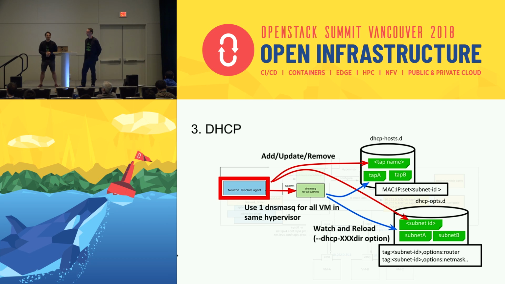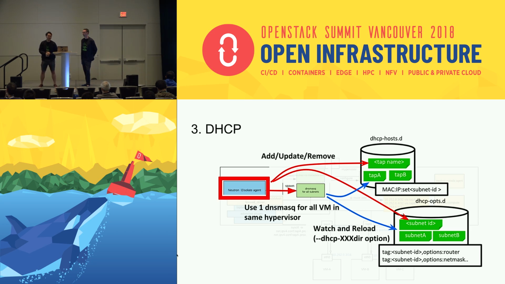But with the L2 isolated agent environment, we use this L2 isolated agent to provide the DHCP service as well. And this L2 isolated agent spawns one dnsmasq instance to serve all VMs inside the hypervisor, regardless of the subnet the VM belongs to.